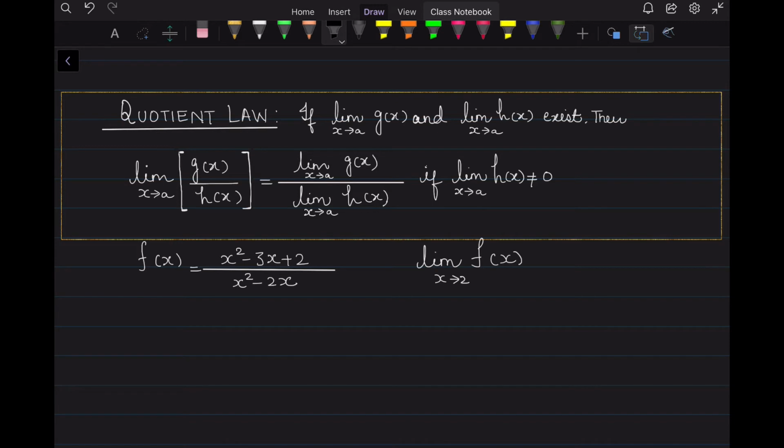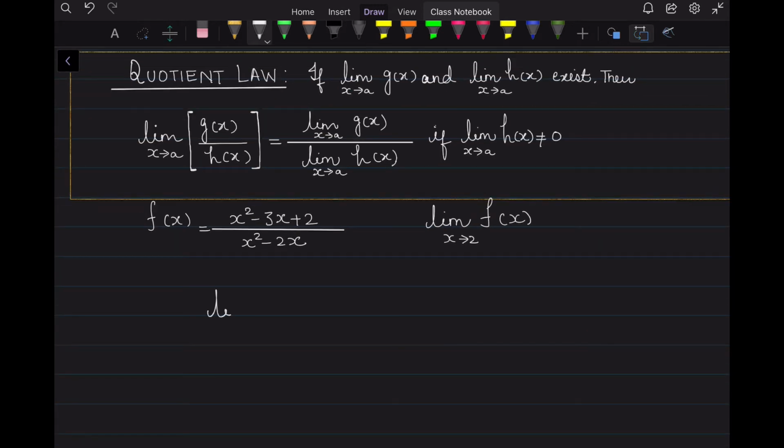So let's check quickly. The limit of h(x) as x approaches a is equal to the limit of the denominator, x squared minus 2x, as x approaches 2.